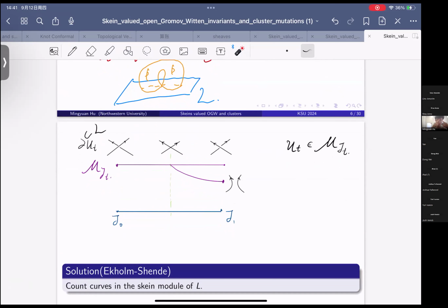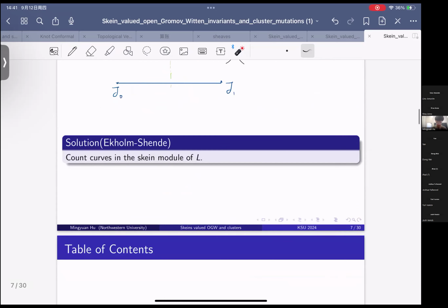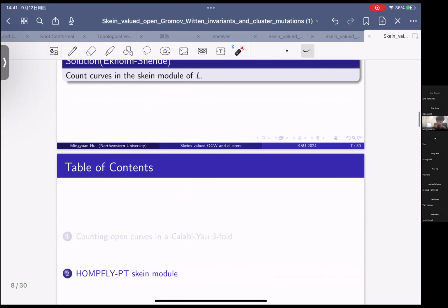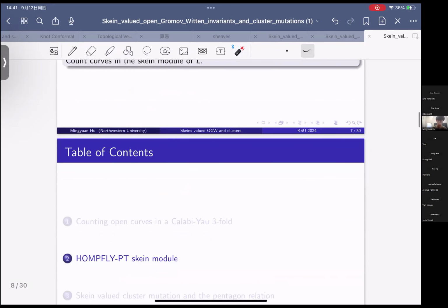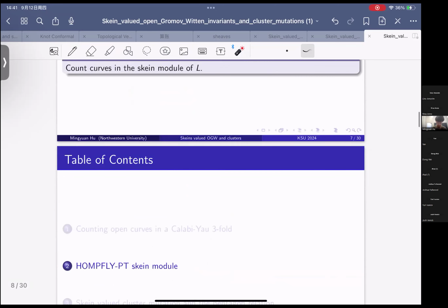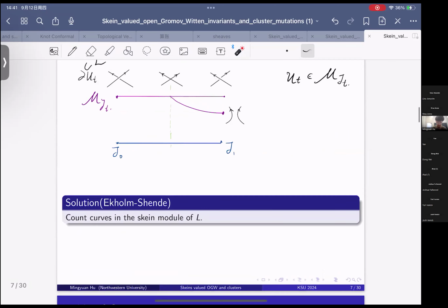We should remember the information of the boundary as a link inside this three manifold. That's a key idea. So we should count these open Gromov-Witten invariants inside the so-called skein module, which I'm going to introduce now.